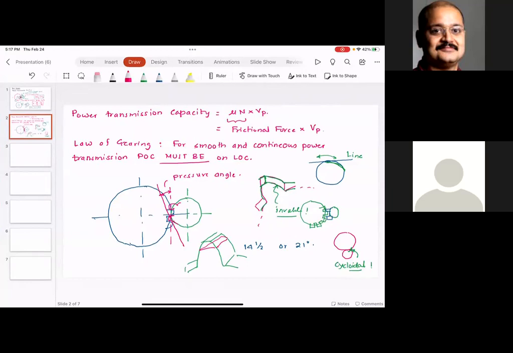For example, if the tooth height is small, you can control the center distance more accurately, and that is where you use stub gears. There are certain applications wherein center distance control is more critical. At that time, you just shave the top of the gear, and that becomes the stub gear.